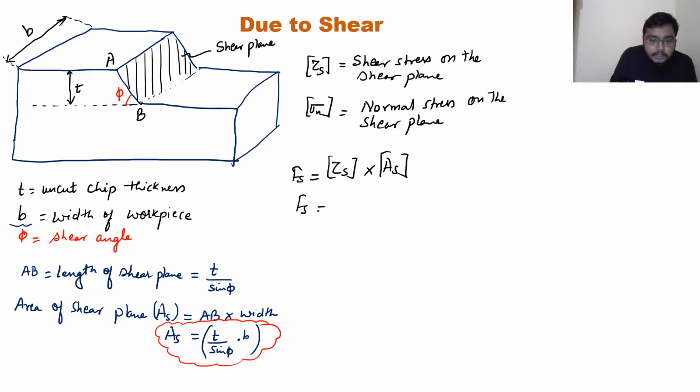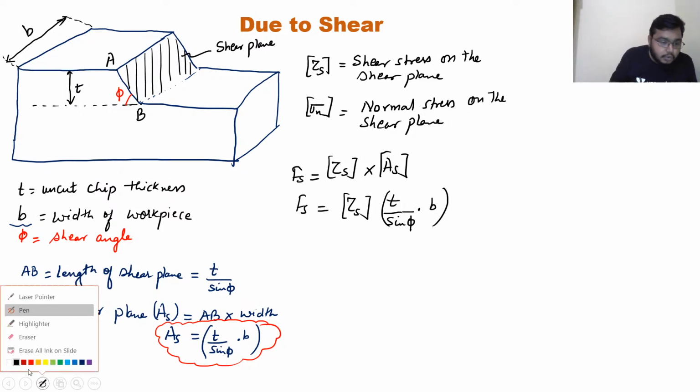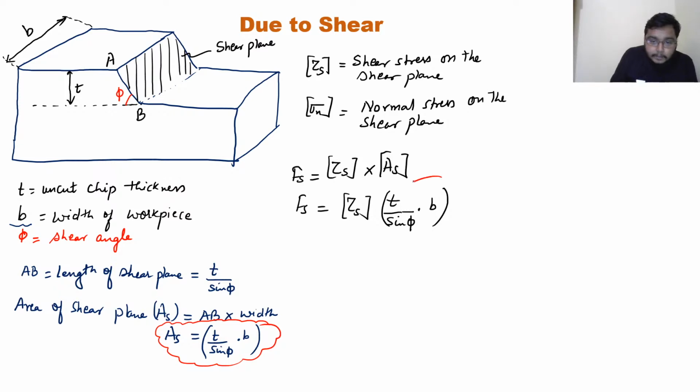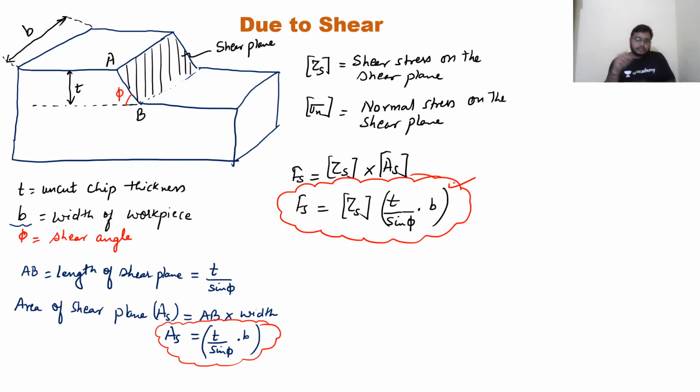So Fs would be shear stress tau s, shear area is T by sine phi into B. So you must remember this formula. What is the value of shear force? That is tau s into T by sine phi into B. This is important.